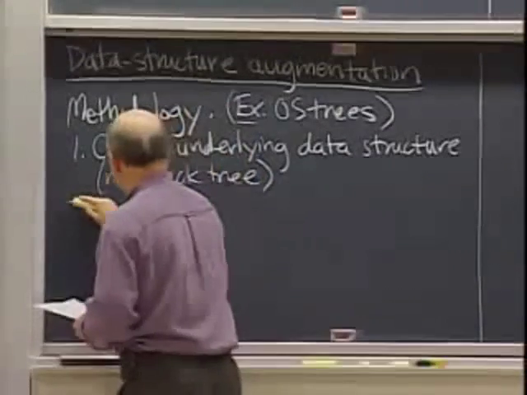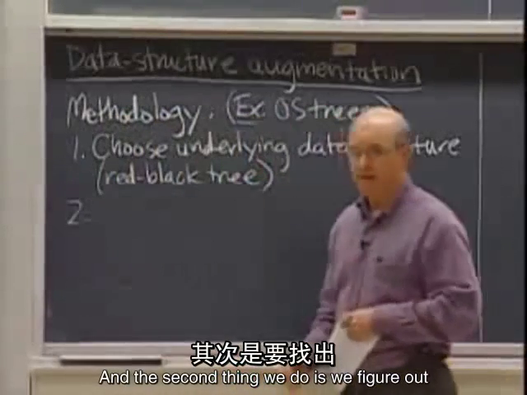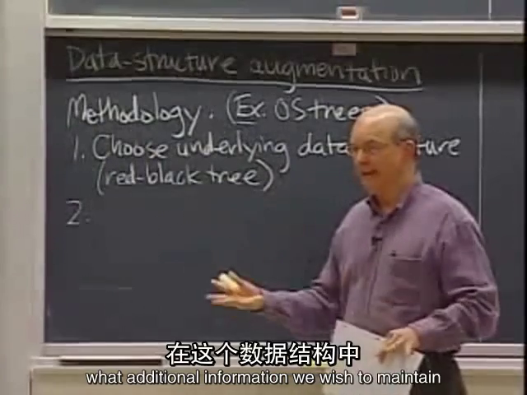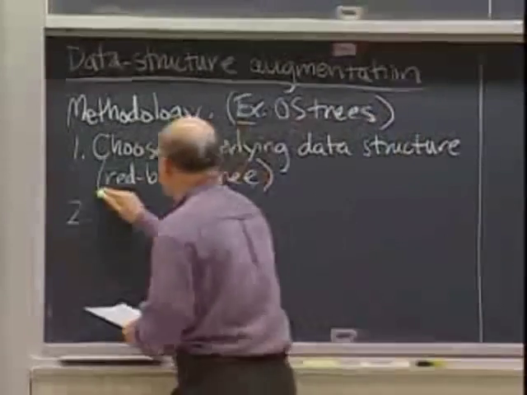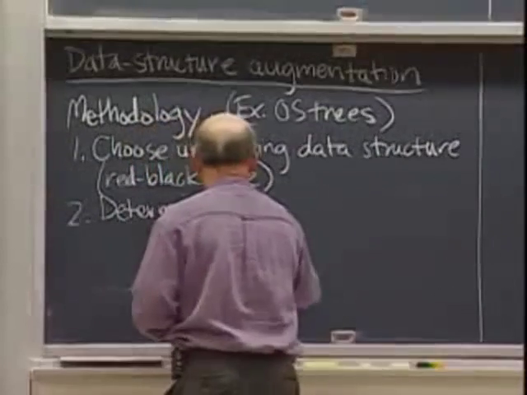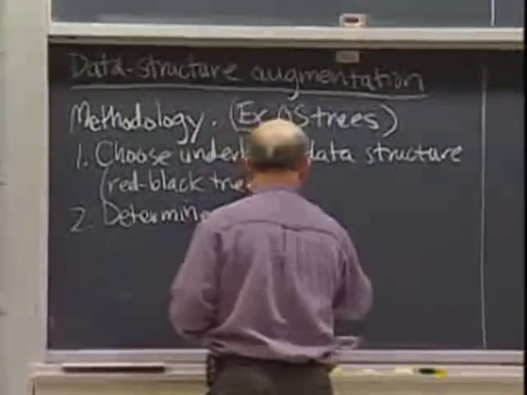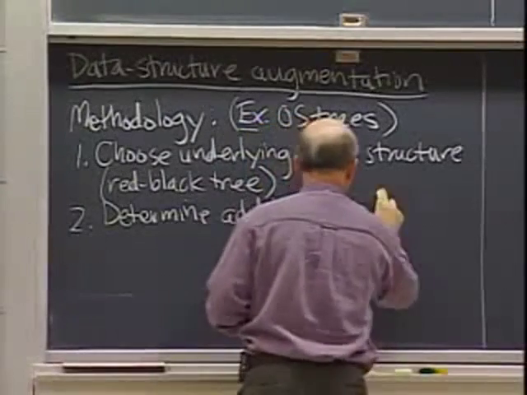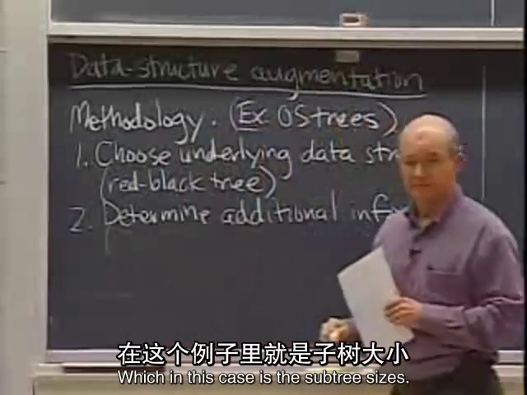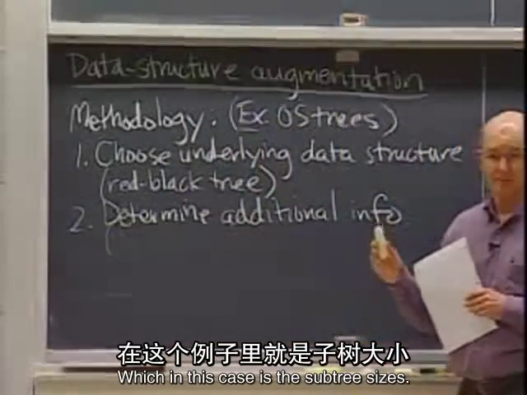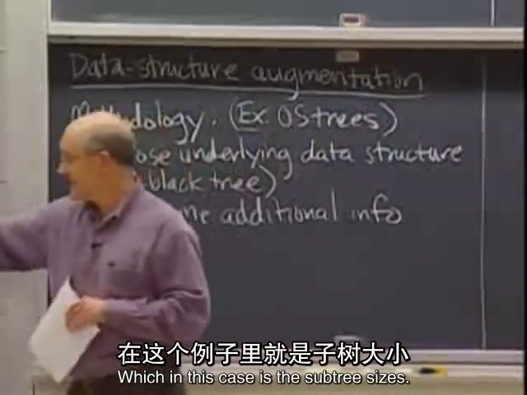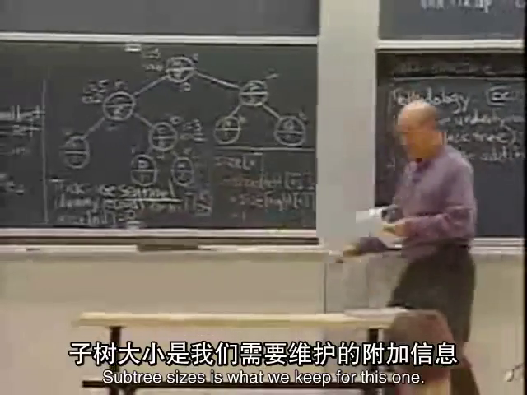And the second thing we do is we figure out what additional information we wish to maintain in that data structure. Which in this case is the subtree sizes. Subtree sizes is what we keep for this one.